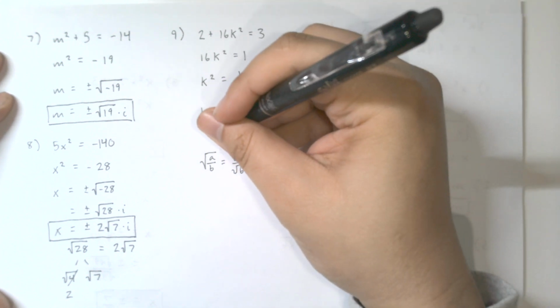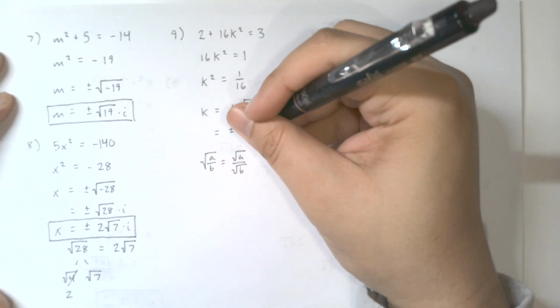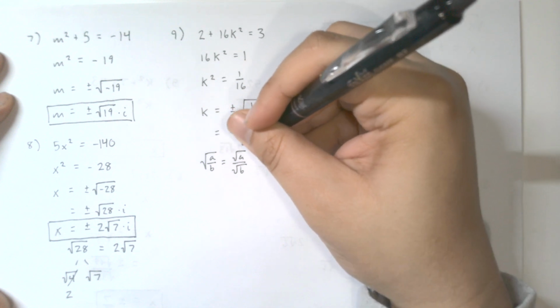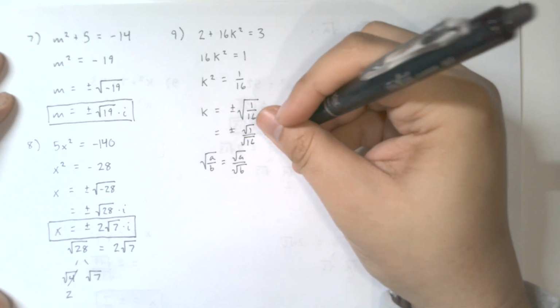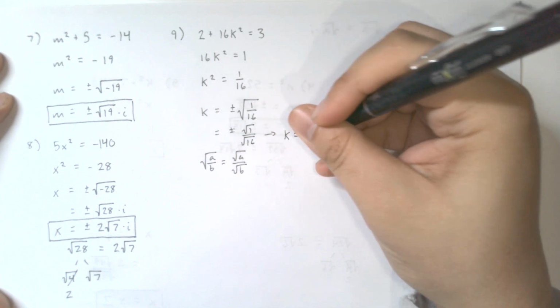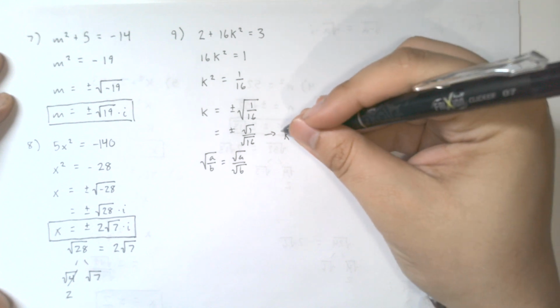And this one works out nicely. This just simplifies to the square root of 1 over the square root of 16. Again, ran out of room there. But we have that k is equal to plus or minus 1 over 4.